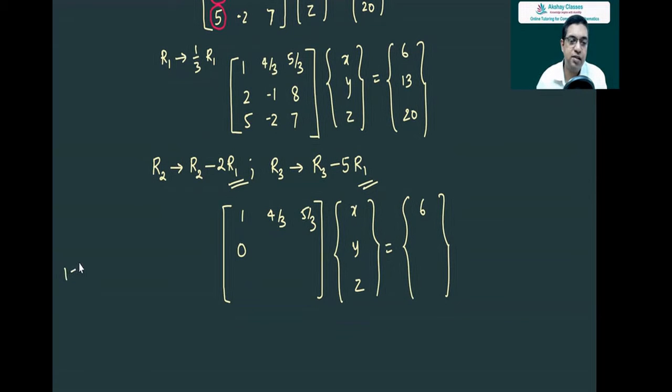So 1 minus 2 times 4 by 3, so minus 11 upon 3. Minus 11 upon 3. And this one will be 8 minus 10 by 3, 14 upon 3. This is 0.